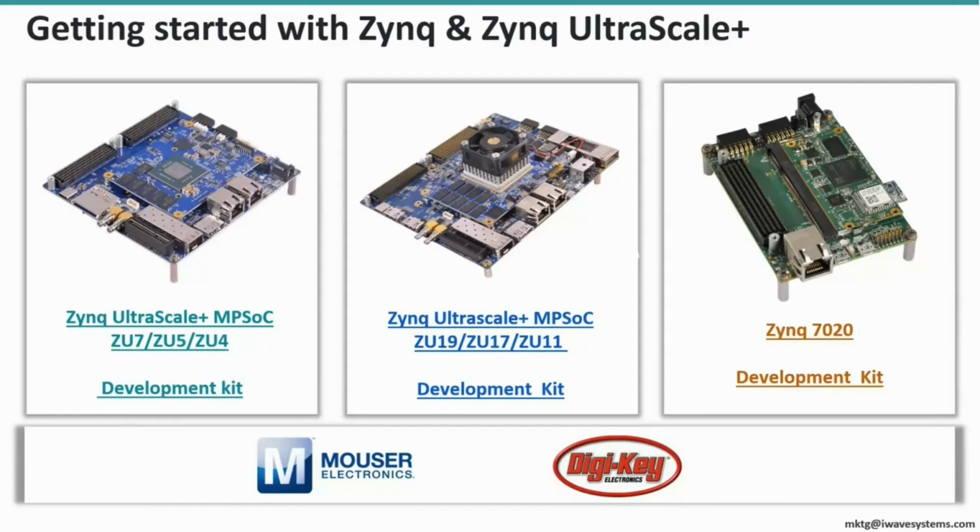The development kits ranging from the 7000 to ZU4 to the ZU19 enable customers to quickly build a prototype to evaluate product market fit and evaluate performance across the different adaptive SoC options available. And these development kits are made ready to order, which you can receive within a short span of time, within a couple of weeks, to get started on your development journey.